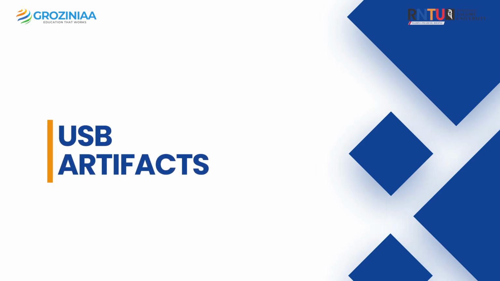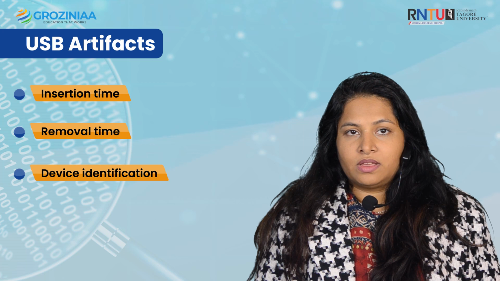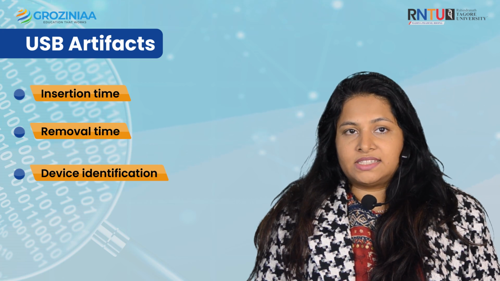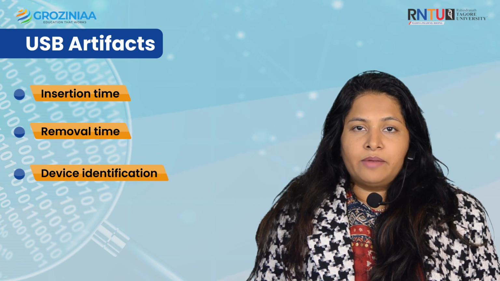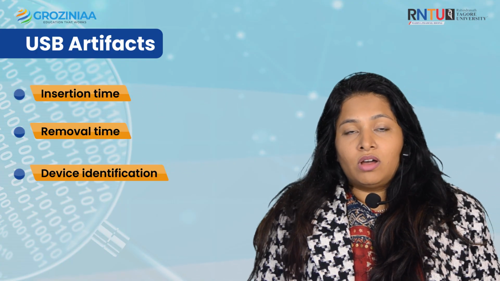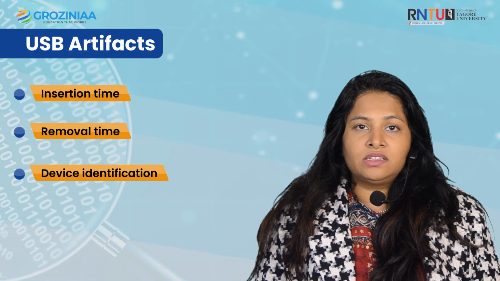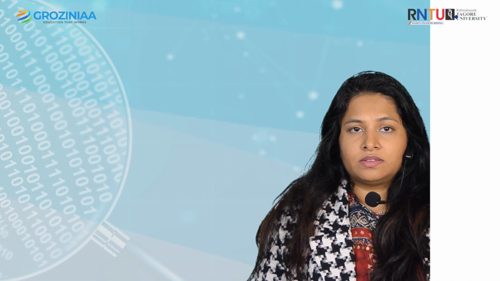In our next topic, we're going to talk about external device timelines. USB and external device artifacts record insertion time, removal time, and usage history. When correlated with file access timestamps, they can prove data exploration, exfiltration, or unauthorized copying. This is especially important in insider threat investigations.